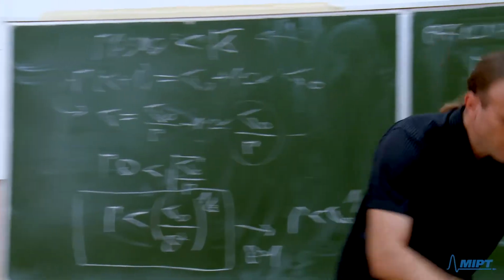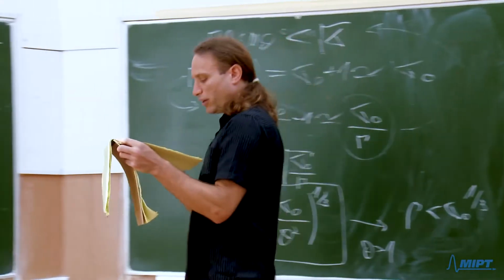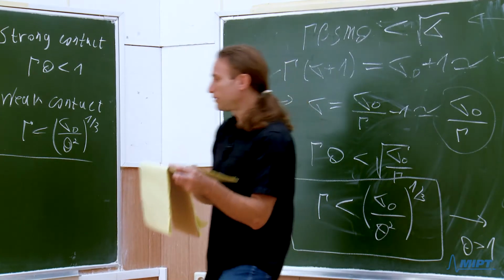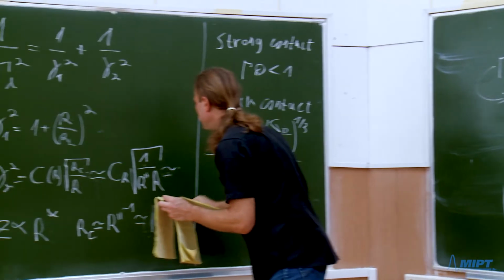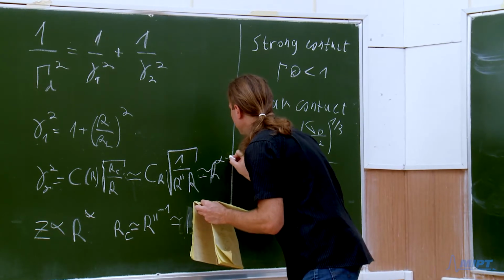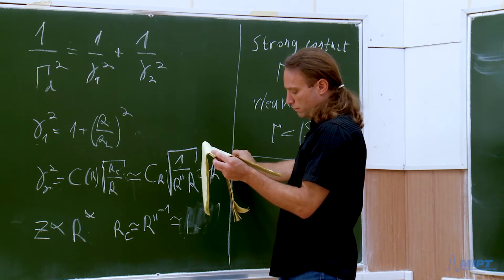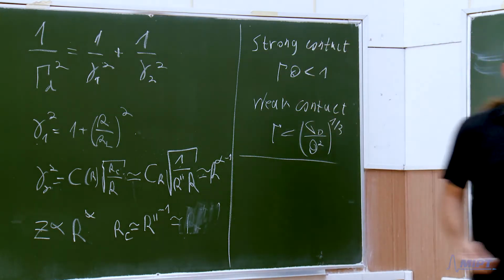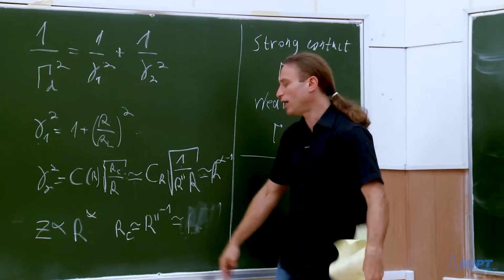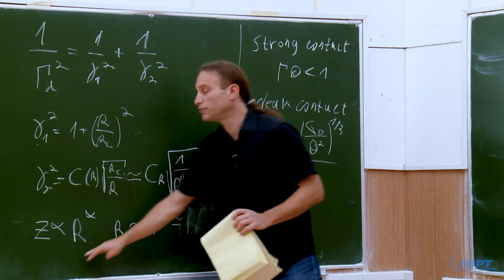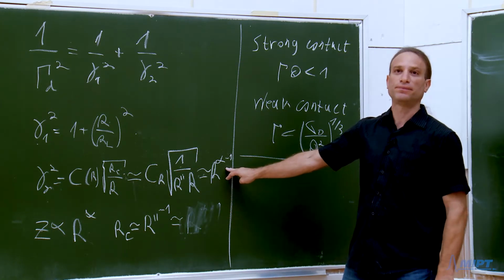One moment. No, this is gamma. Our curve is just r to the power of alpha. This is gamma. Okay? So when you take a general shape of the curve, in the second regime gamma scales like r to the power of alpha -1.